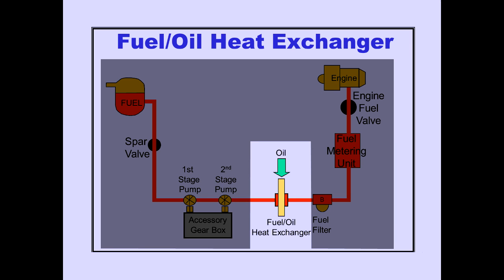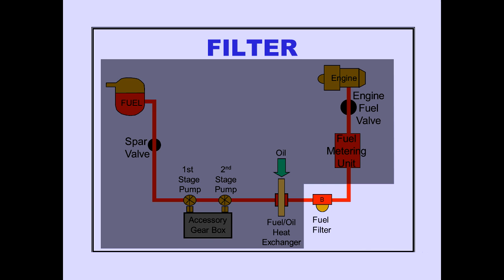The fuel is heated by engine oil as it flows through the engine's fuel oil heat exchanger. After the fuel oil heat exchanger, fuel passes through a filter where solid contaminants are removed. The filter has a bypass feature that prevents engine fuel starvation if the filter becomes clogged.